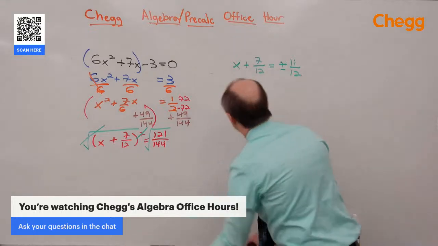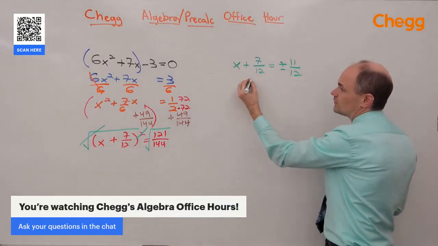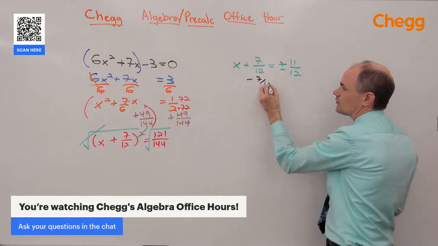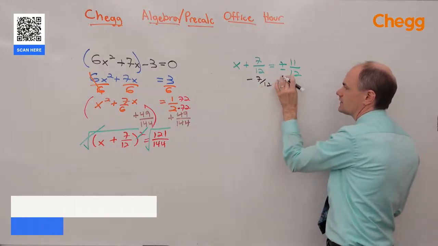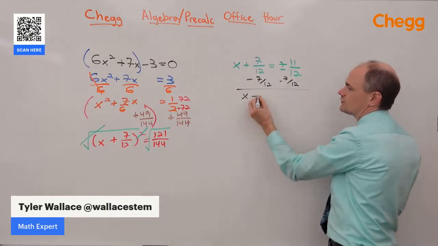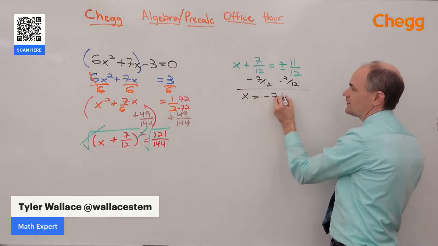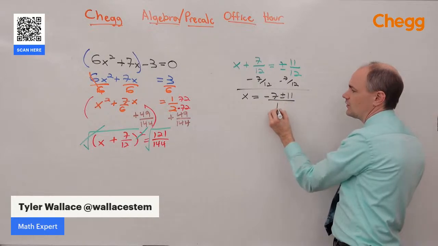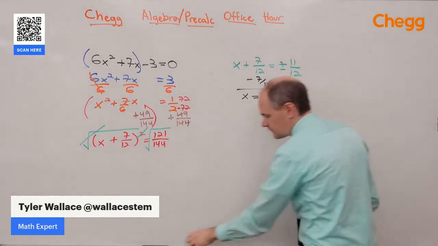And then we get x alone by subtracting 7/12 from both sides. 7/12, I said. So x is equal to -7 plus or minus 11 over 12.